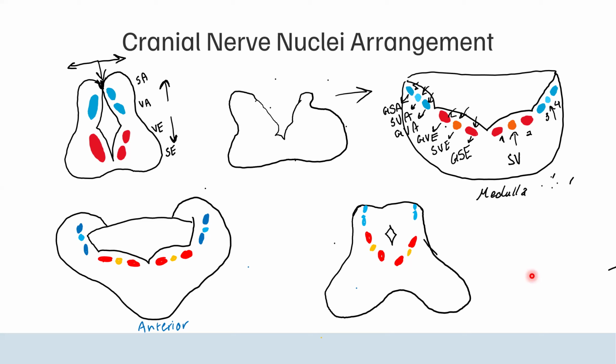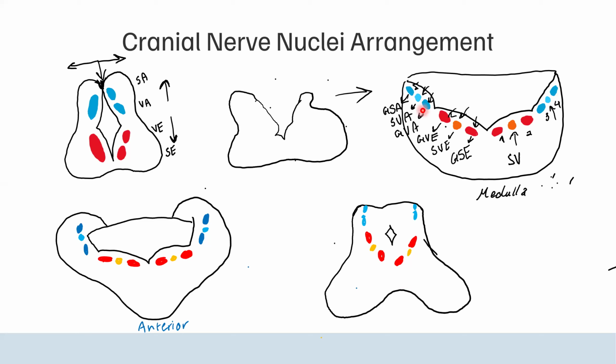Because of this splitting and arrangement, you will have the medial-most structures being motor and the lateral-most structures being sensory. This is how we look at it in the pons, and this is how we look at it in the midbrain, where once again, medial is motor and a bit more anterior, and lateral is sensory and more posterior.